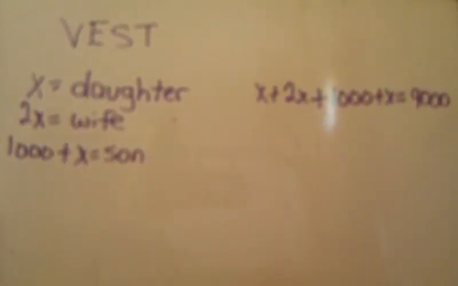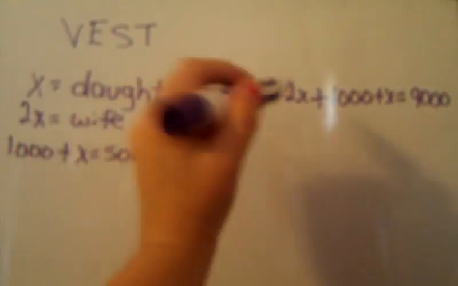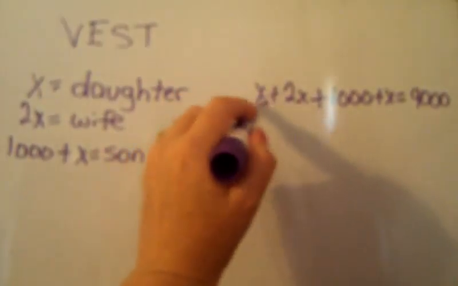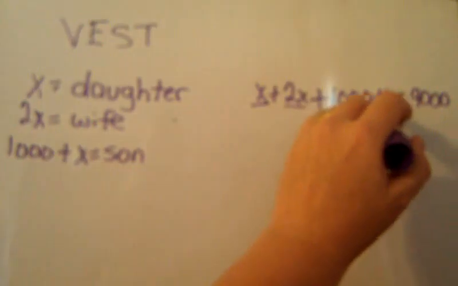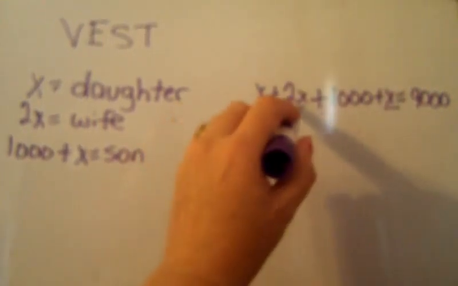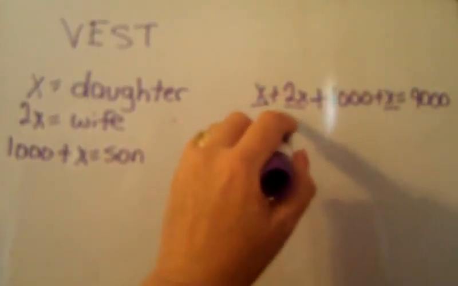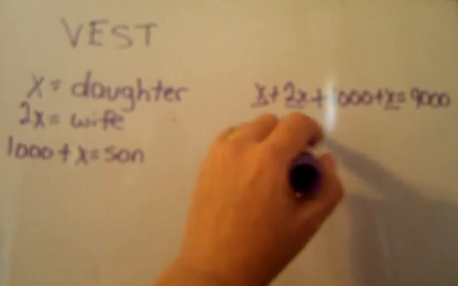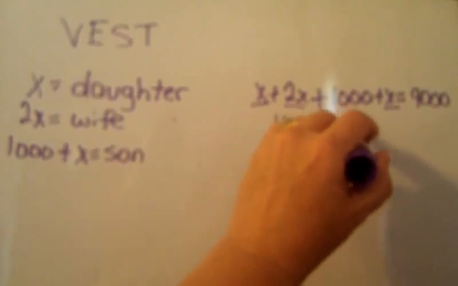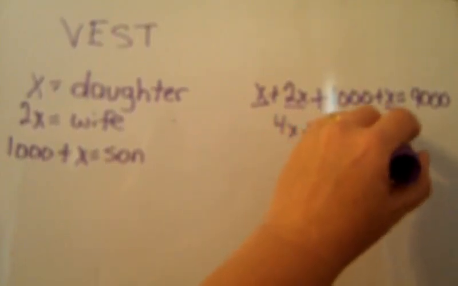Did you get that far? Okay, let's get like terms. X, 2x, and x. So I have 1 plus 2 is 3, plus 1 is 4, so I have 4x plus 1,000 equals 9,000.